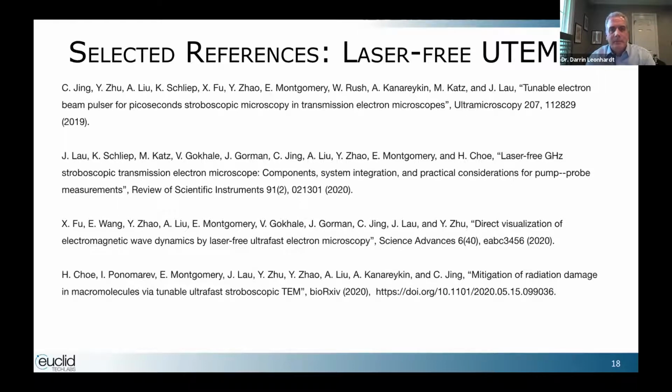I think Eric would be better suited for the first question. As far as the second question, why it's difficult to use two different lasers for pump-probe in UTEM, from what I understand, it's very difficult to get that sort of speed in electronic timing.